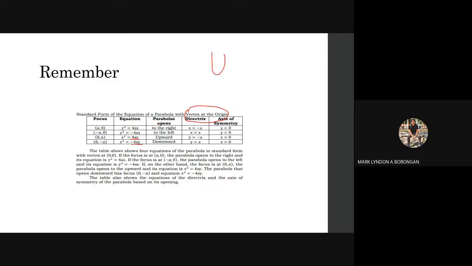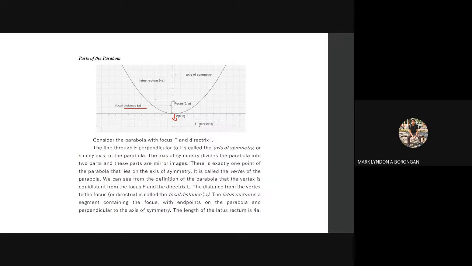So our directrix will just be the negative of a. Let's say for example this one: its focal distance is just 2, right? 1, 2. So our directrix here is negative 2. So our directrix is x equal to negative 2. It is just the opposite of the focal distance, which is a. Note that a is our focal distance, guys.